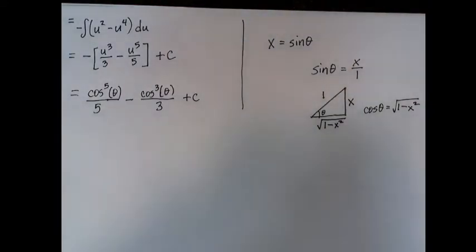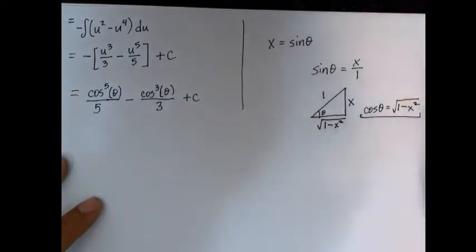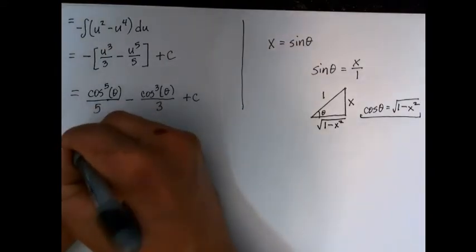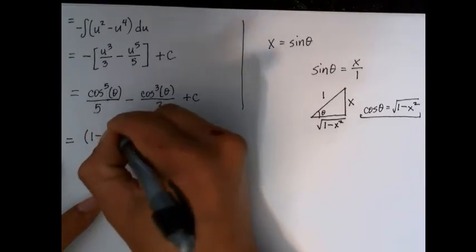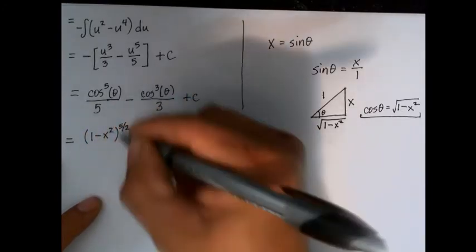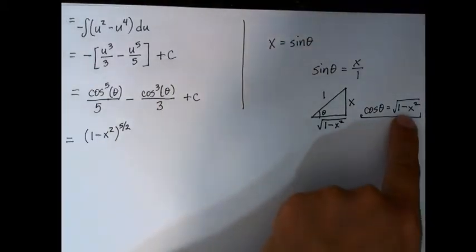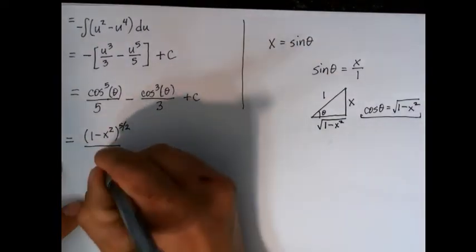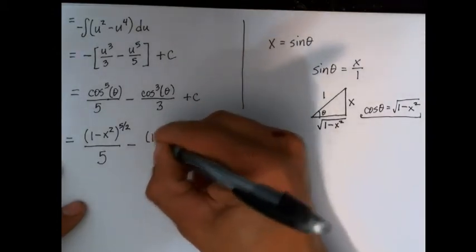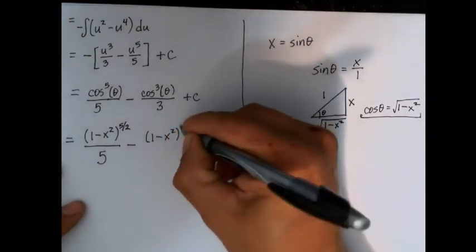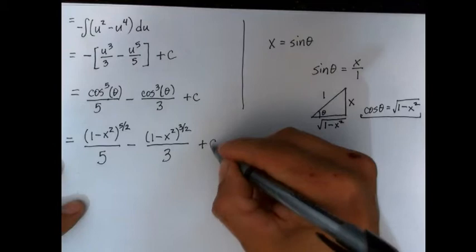So substituting this back in gives us 1 minus x squared to the 5 halves over 5, because it's cosine to the 5th, but this is the square root, minus 1 minus x squared to the 3 halves over 3 plus a constant.